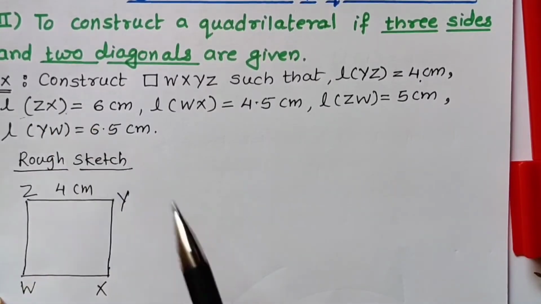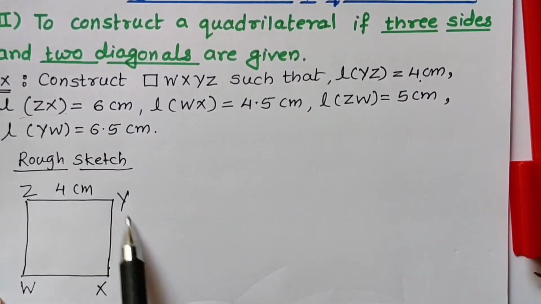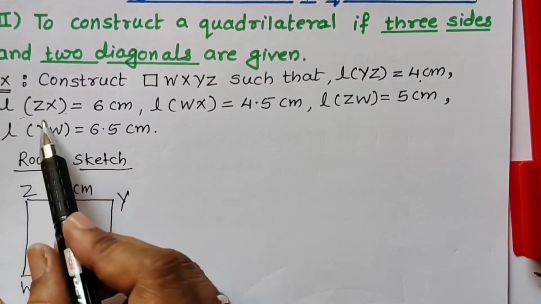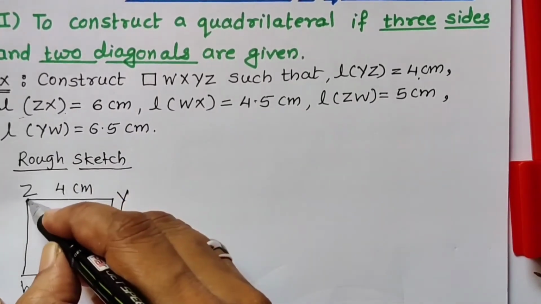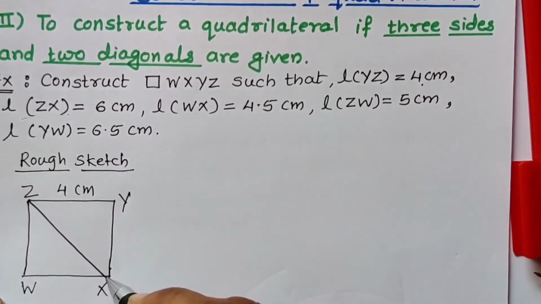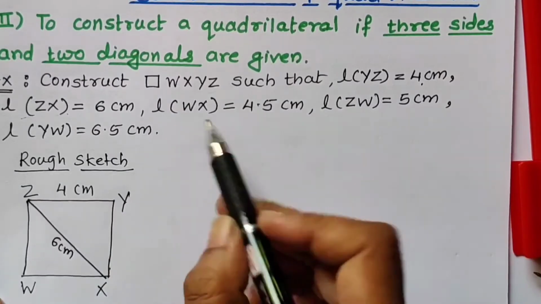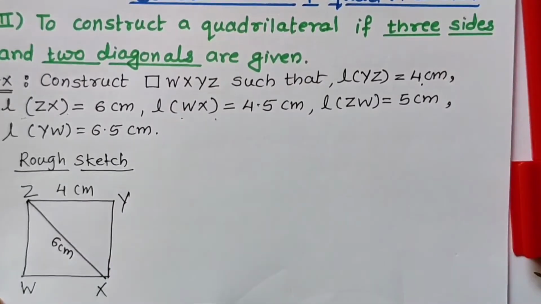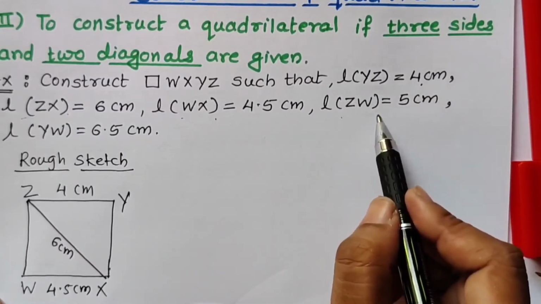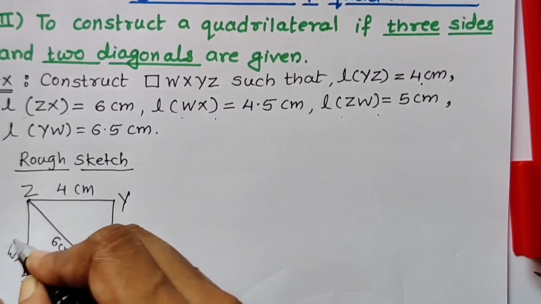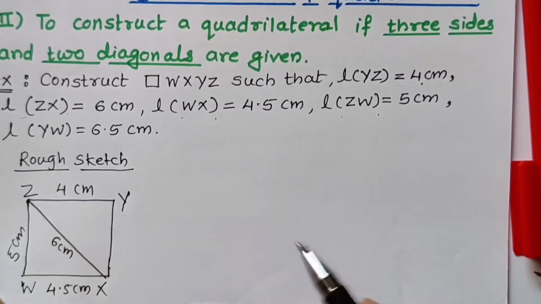ZX, where is ZX? ZX is not the side of a quadrilateral. ZX is a diagonal. As you all can see, ZX is a diagonal and it is 6 centimeter. Then WX is 4.5 centimeter. Then ZW is 5 centimeter. It is also a side of a quadrilateral, ZW.